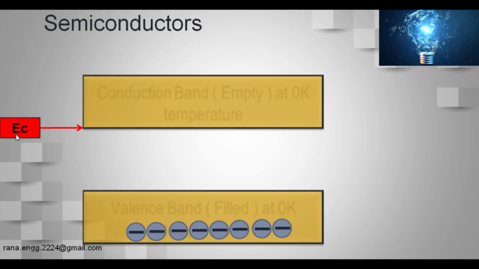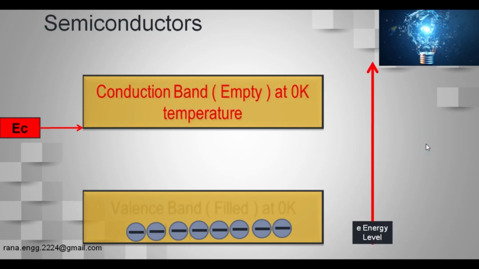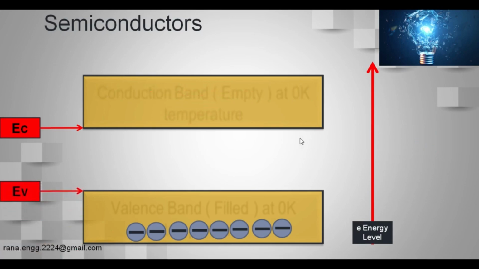The energy level of the conduction band is given by Ec and the energy level is going up. So, we have the conduction band, we have the valence band, and then let us apply some kind of force to the electrons present in the valence band. There may be n number of electrons present in the valence band.